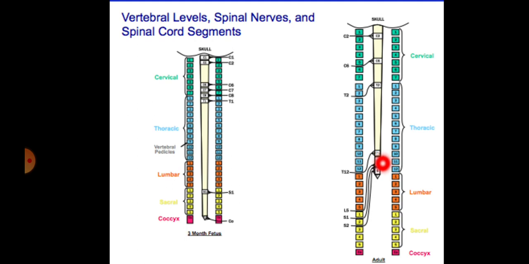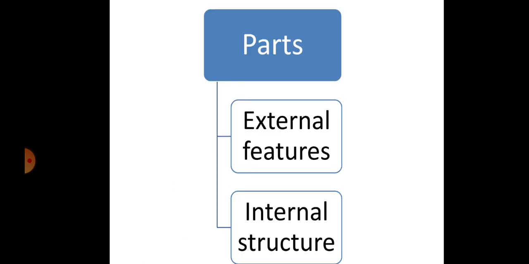For example, the sacral one spinal nerve descends downwards and exits through the S1 vertebra, below the body of the first S1 vertebra. So the length of the spinal cord is not proportional to the length of the vertebral column in the adult. Because of that, the lower part of the spinal cord has some changes. We are going to discuss those changes later.